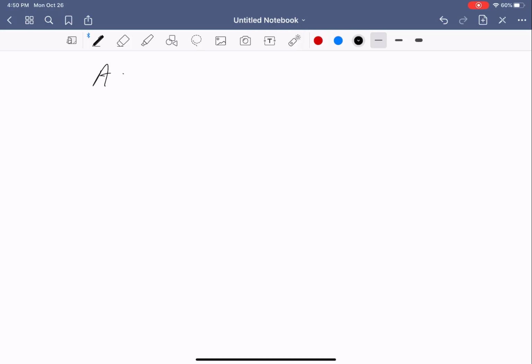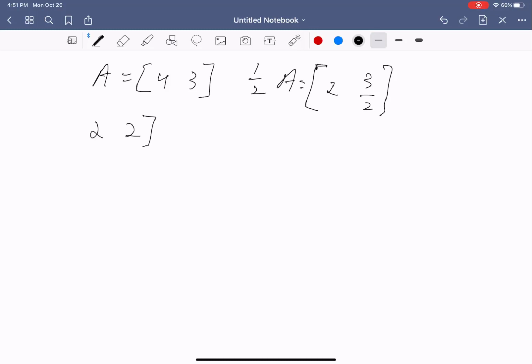So remember, A is equal to 4, 3, and we can look at half of A, which is equal to 2 and 3/2, and we can plot both of those. And we can add two vectors, 2, 2 plus 4, 3, which is our A. We can call this one B, let's say. So that's B, and this is equal to 6, 5.